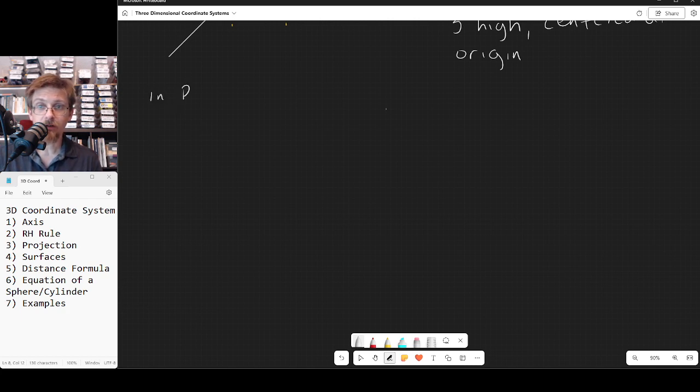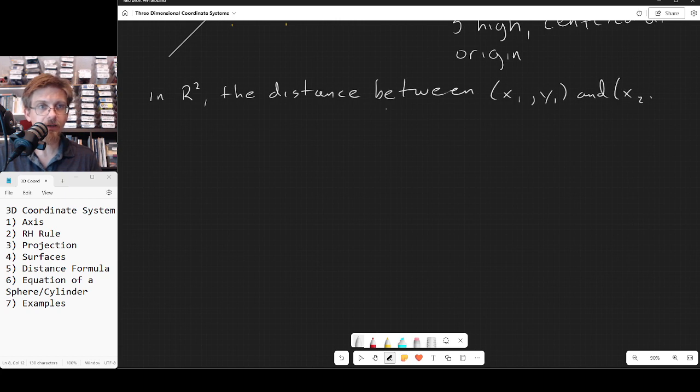So in R2, the distance between 2 points, we should all know this from pre-calculus or algebra, between x1, y1 and x2, y2 is d equals the square root of, well, it's just the difference between the two x and y values.